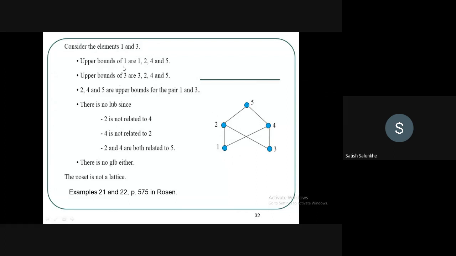So the upper bound of A is all the elements B so that A is related with B. It is basically the collection of all these B's, so that A is related with B. So what is the upper bound of 1? In this case, it is 1, 2, 4, 5.